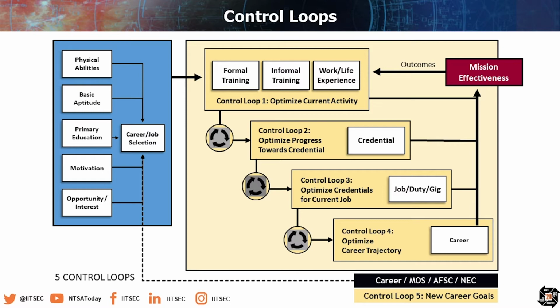So that class has to be taken in concert with all the other requirements for that credential and optimized. So what I'm really trying to do is optimize my progress towards a credential, learning the things in the most efficient way such that I can achieve that credential and move on to the next phase of my career as efficiently as possible. Third is optimizing credentials to a current job.